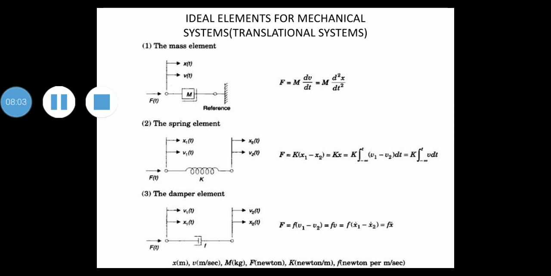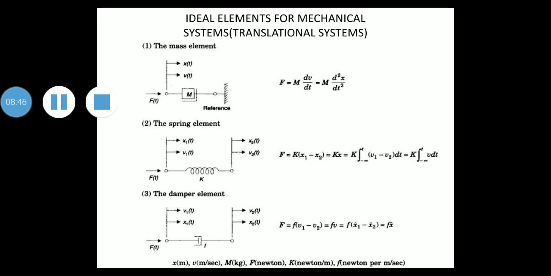x is displacement. Second, for the spring element, this is a spring of stiffness k. We can write F is equal to k times (x1 minus x2), which is equal to kx, where x is equal to the integration from minus infinity to t of (v1 minus v2) dt, which is the integration from minus infinity to t of v dt. Next we can write the damper element, shown here with friction coefficient f.